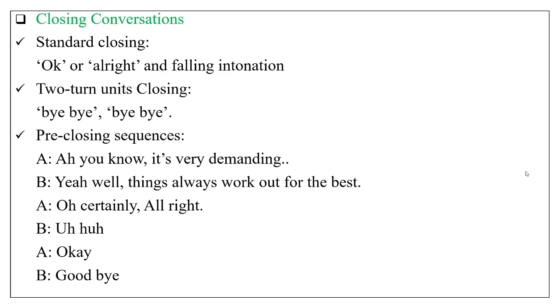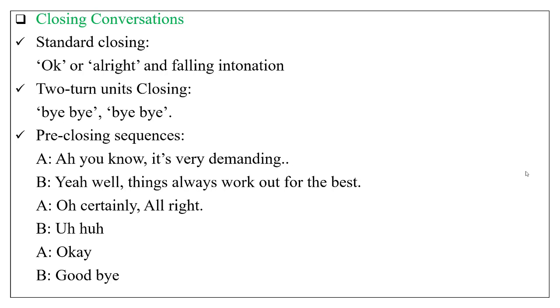And when we talk about closing conversations, for example, we have standard closing. When you finish the conversation, you just say "okay," "all right," with a falling intonation, showing that the conversation is over. And we have two-turn-unit closings, like "bye bye, bye bye" between the speakers.